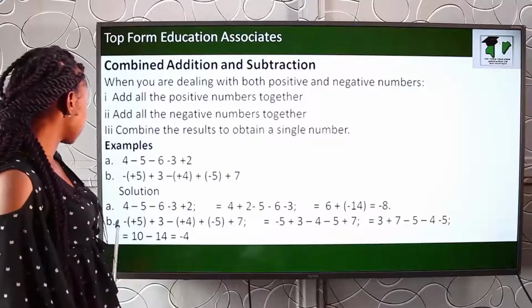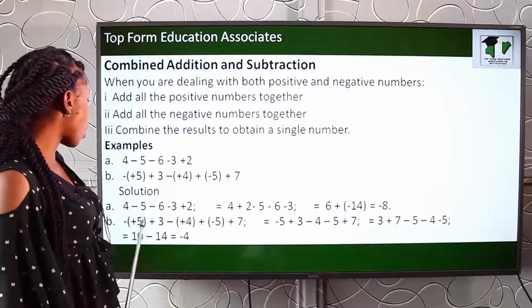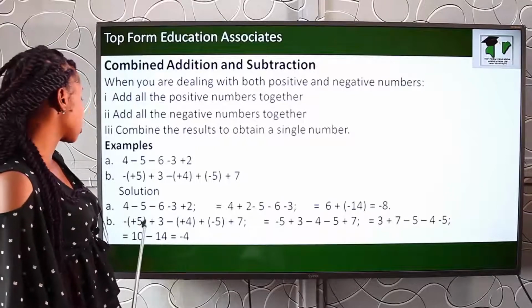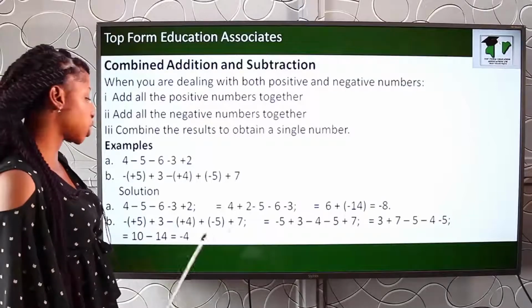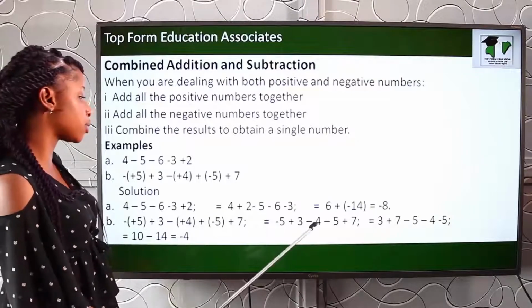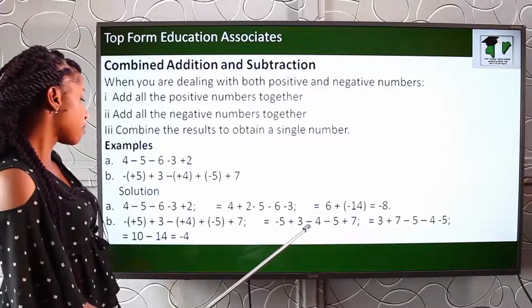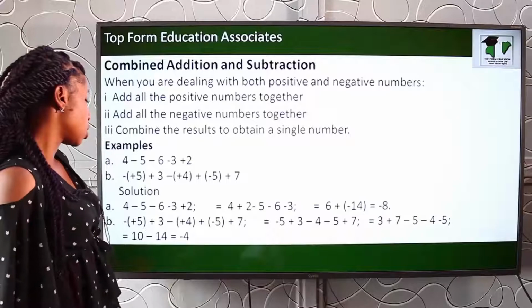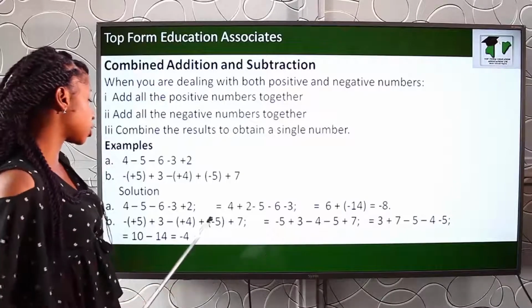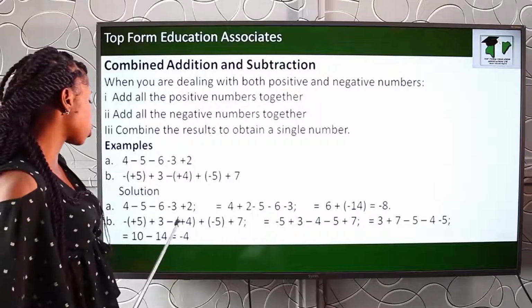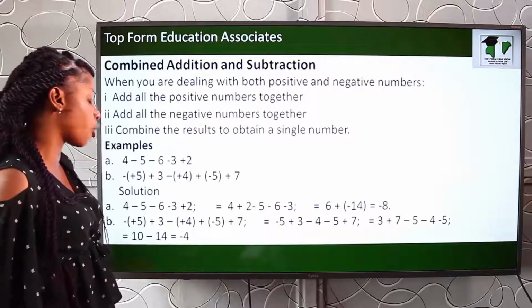Okay, B. Now, to solve this, we're also going to rearrange this question. If you look at this, you will see that minus and plus is minus here. The same for this: minus plus will give us minus 5. This 3 minus plus 4 will give us 3 minus 4.